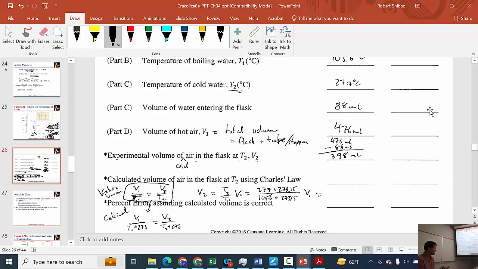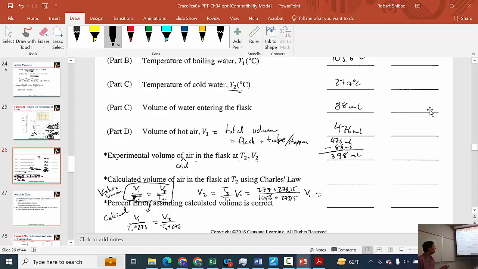We'll do 27.7 plus 273.15 divided by 105.6 plus 273.15. Let's convert into Kelvin.